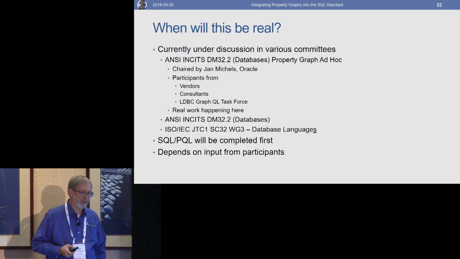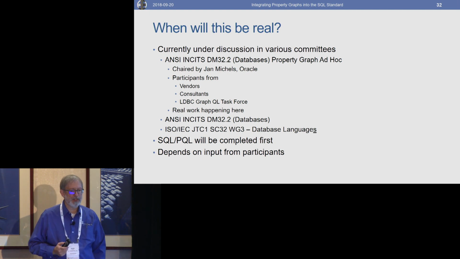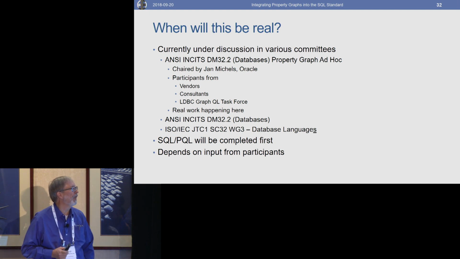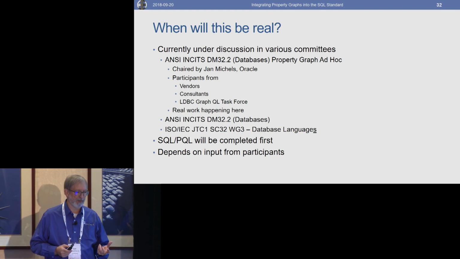So when will this be real? A lot of the discussions on this are going on in something that's called the Property Graph Ad Hoc, which is a subgroup of the US committee, DM32.2. And it's chaired by a guy by the name of Jan Michels, who works for a company called Oracle.